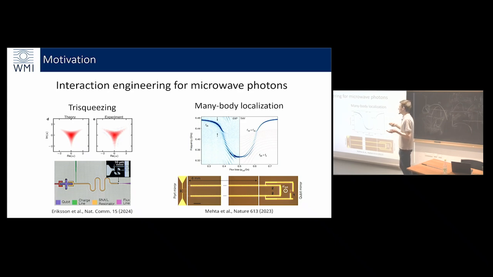On the other side, there's a nonlinear element. On the left-hand side is the SNAIL, shown in the inset, which gives rise to a three-body term in the Hamiltonian, and it was used to engineer this squeezing. On the other side, it was used to engineer interactions in a multimode setup, where effects of many-body localization could be probed.